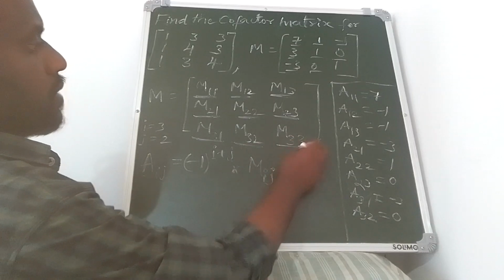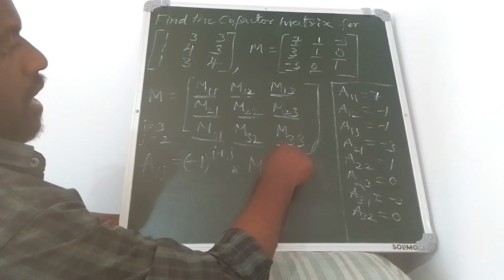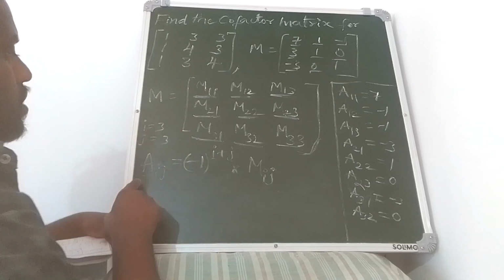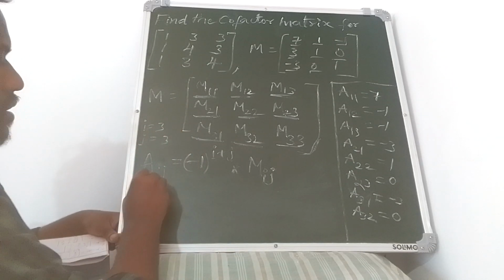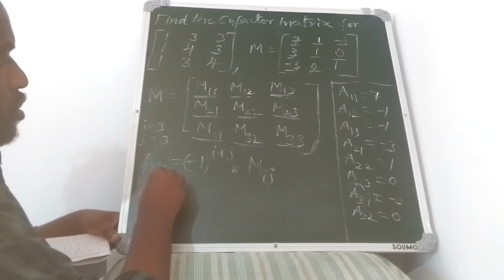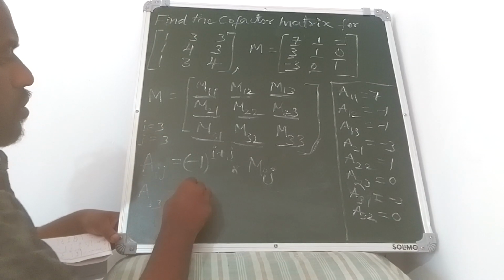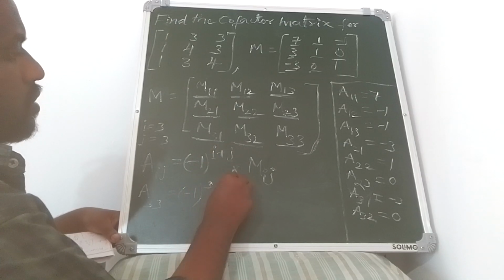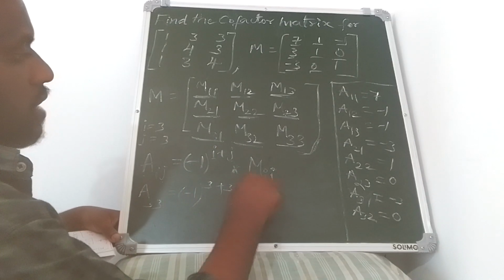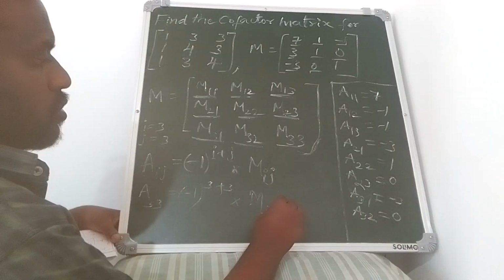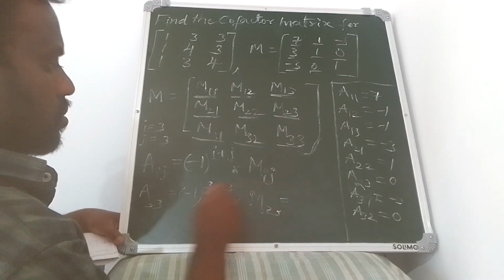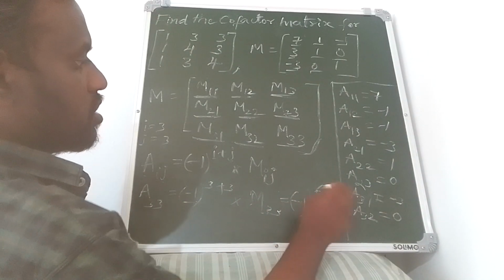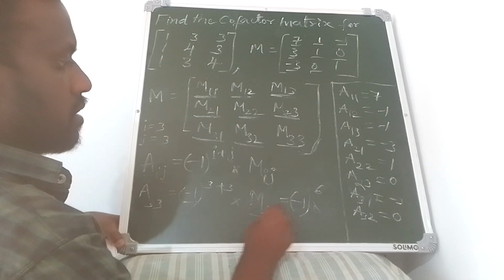Next this one, m33: i is equal to 3, j is equal to 3. I am going to substitute here. a33 is equal to minus 1 to the power of i plus j, that is 3 plus 3, 6, into m33.